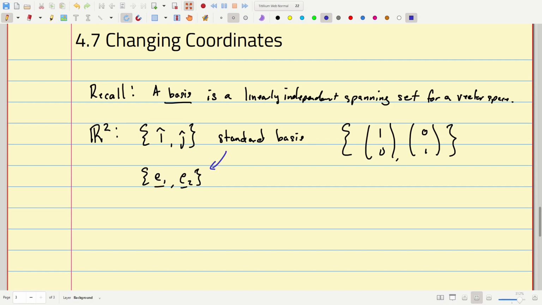So e1 and e2 look like this. The only non-zero element in the vector is the one indicated by the subscript. Now, also in R2, we could have a different kind of basis.